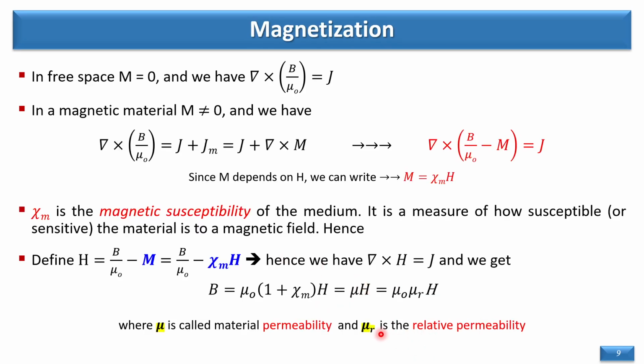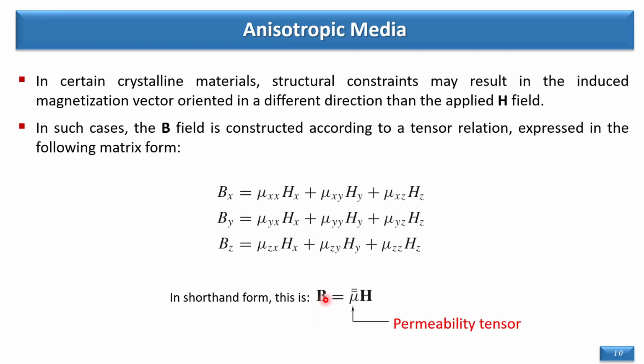This relation here is for isotropic material, the material in which the direction of H and B are always in the same direction. But there is some other kind of material, called anisotropic material, which has different directions between B and H. The relationship between B and H in that case is not just a constant, it is a tensor, which is like a 3 by 3 matrix.